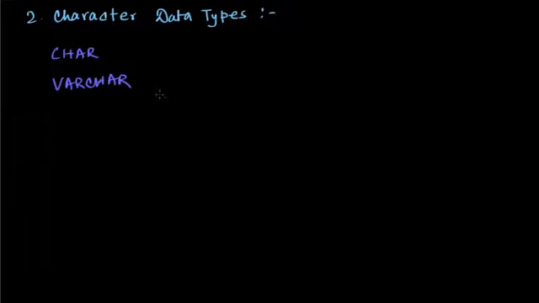In char we can specify the number of characters to be stored, and in varchar we can also specify the number of characters to be stored. But the difference is that varchar uses dynamic memory allocation, and it will be more space efficient. Char uses static memory allocation, but it will be faster.